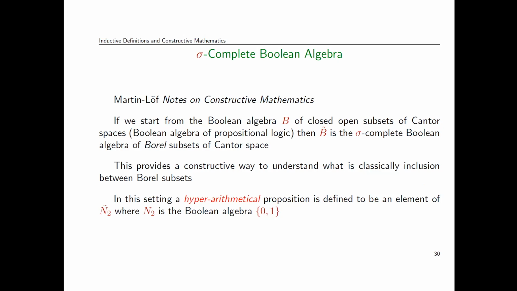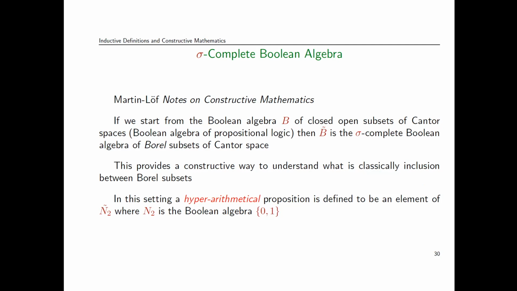So you have a presentation in constructive mathematics of the notion of Borel sets. And that's quite remarkable, actually, that you can do it. And this provides a constructive way to understand inclusions between Borel subsets of Cantor space.